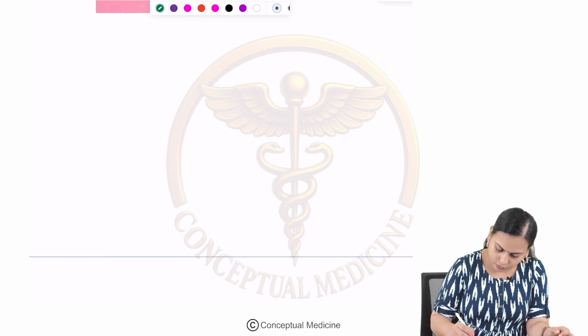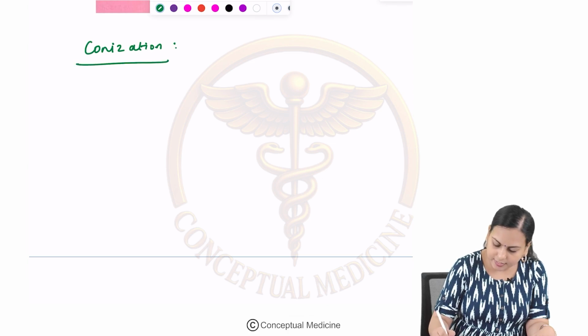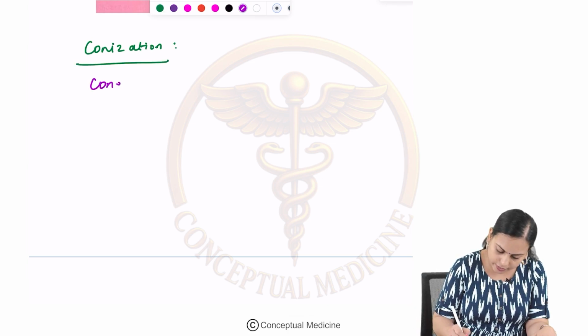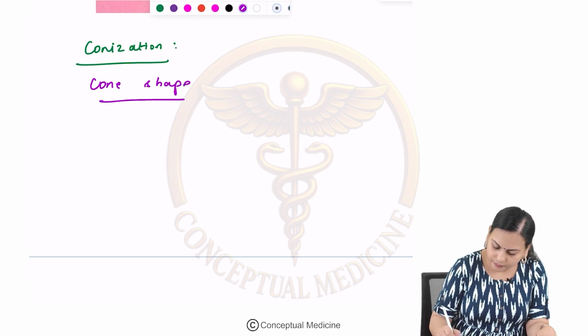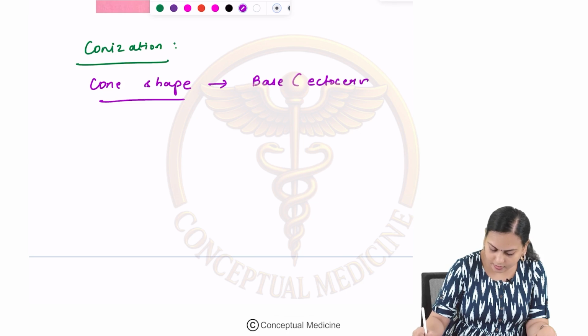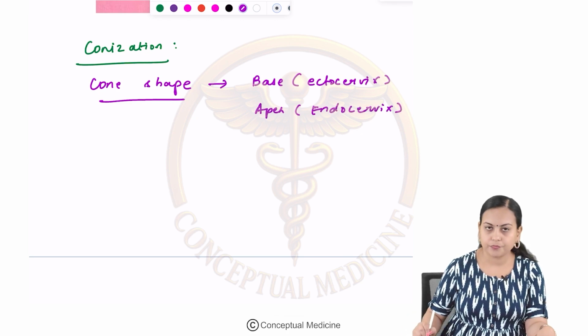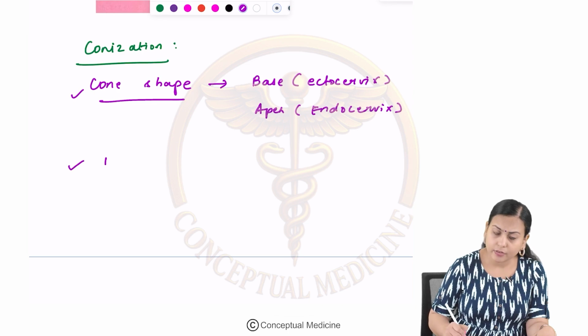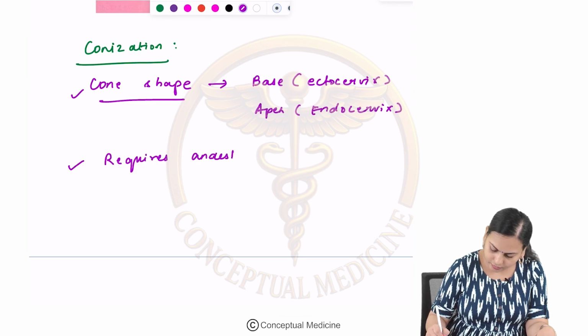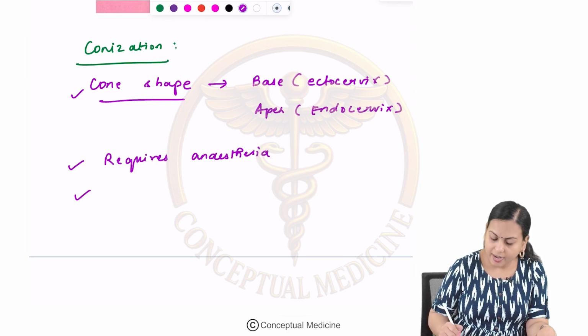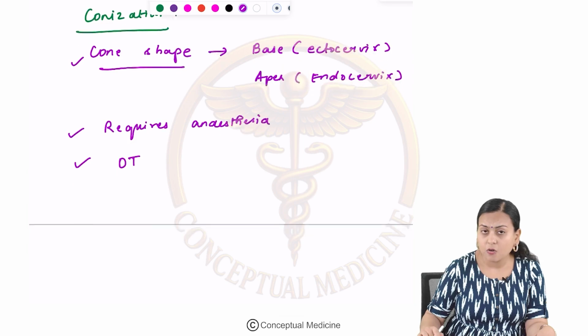Next option is conization. In conization, the sample is taken in a cone shape with the base of the cone at the ectocervix and the apex of the cone in the endocervix. This also requires anesthesia, and remember, conization is an OT procedure.